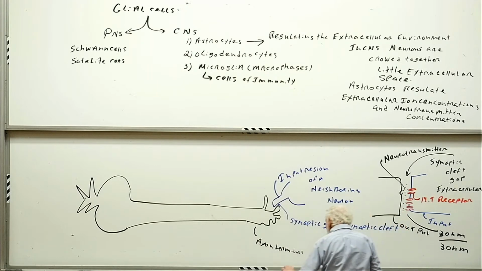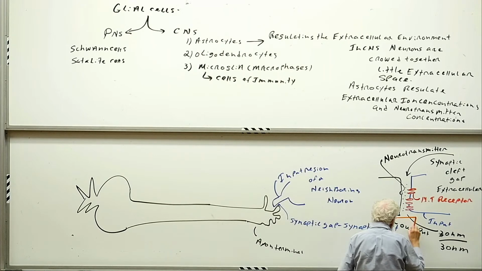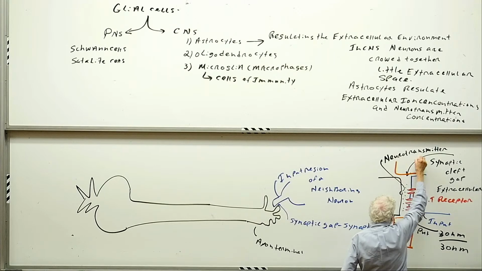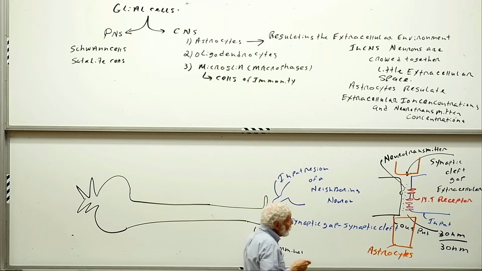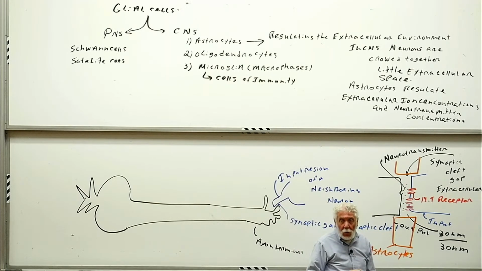So what we're going to do is take another cell type. I'm going to show this in orange. I'm going to show it in 2 dimensions, but in fact, the processes of the astrocytes will envelop the whole synapse. They'll run all the way around the synapse.